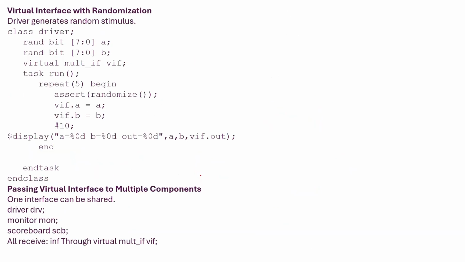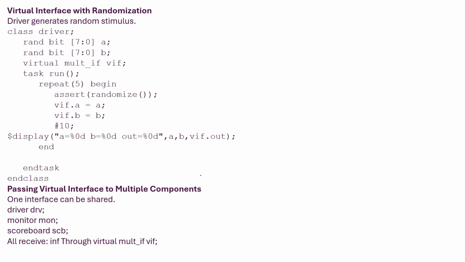Similarly, randomization I am applying. So in interface also, sorry, in class we are randomizing the signals. Previously I was passing single signals like A, B. Okay, in my driver, whatever the signals are there, I am driving the signals. Those driving signals should be randomized. In driver also you can represent, or in transaction class also I can declare my signals in a randomized way.